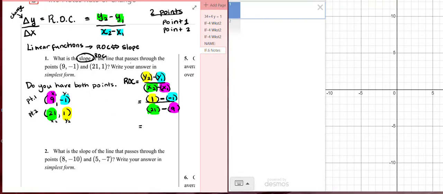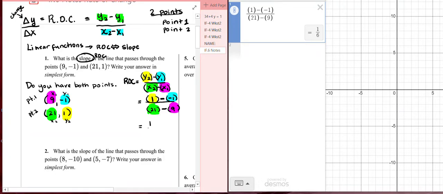Okay, so I had to move the screens around, some of it are small, but here it is, we're at Desmos, and I'm gonna type in the slash bar so I can create the fraction bar, and it's gonna be 1 minus negative 1 over 21 minus 9, right? And you can click this button right here, and it'll turn your answer into a fraction. So it should be 1 over 6.